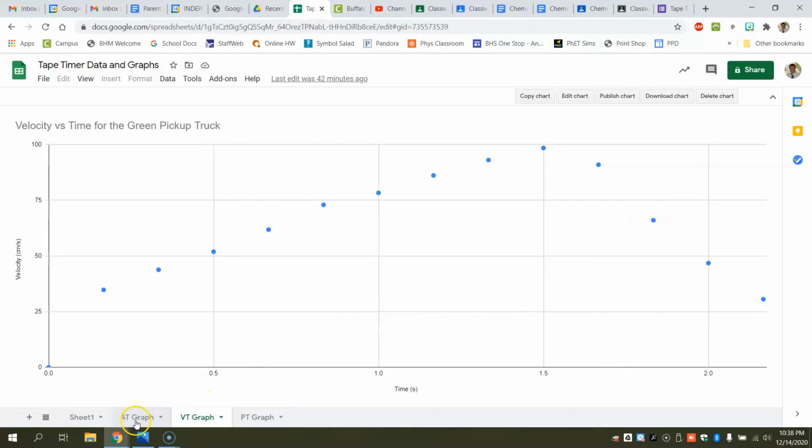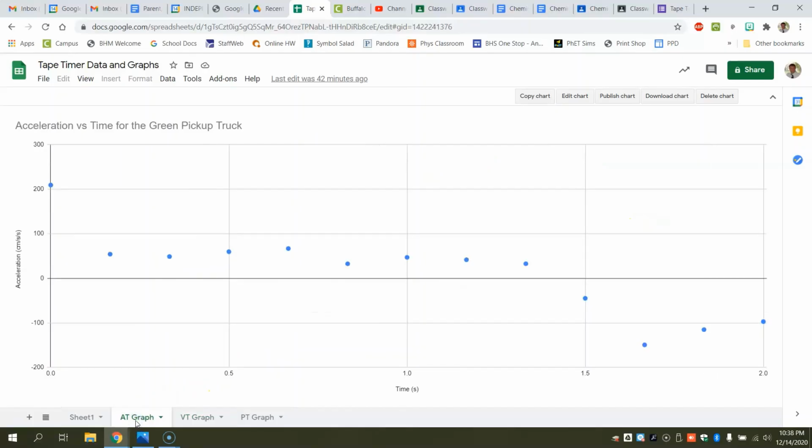When we get to the AT graph, we're looking for flat areas, because when we experience constant acceleration, there's going to be zero slope. So our constant acceleration happened right through here, and if we wanted to estimate that, we would go back to this axis, and it looks like we're just a little under 50 centimeters per second squared as our positive acceleration.